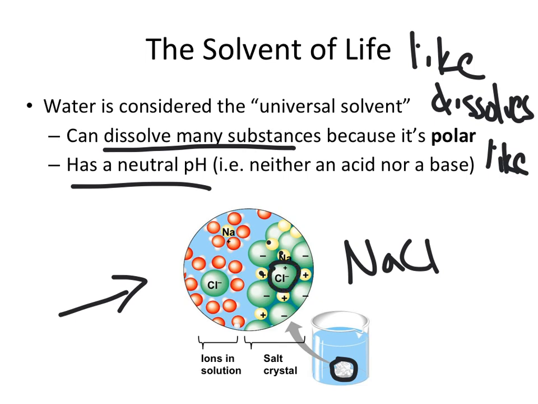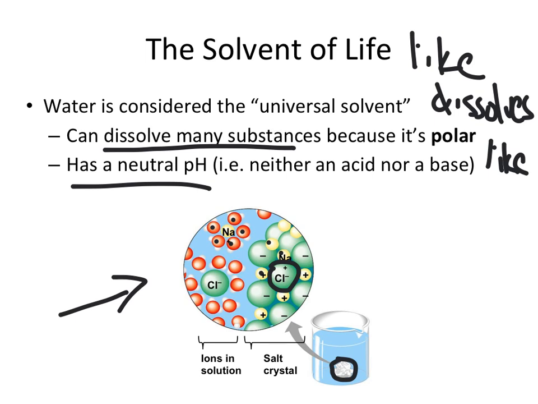So what happens when water dissolves salt? The negative end of the water, aka the oxygen, is attracted to the positive ion. So I have my negative end of my water molecule being attracted to my positive sodium ion. So hold on, let me erase so I can show you this in a little bit more detail. So I'm going to zoom into this picture here.